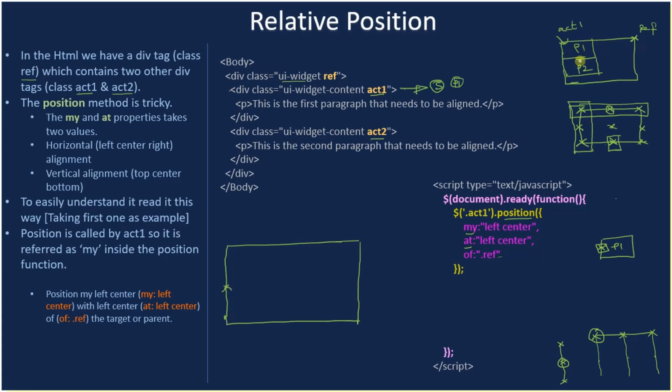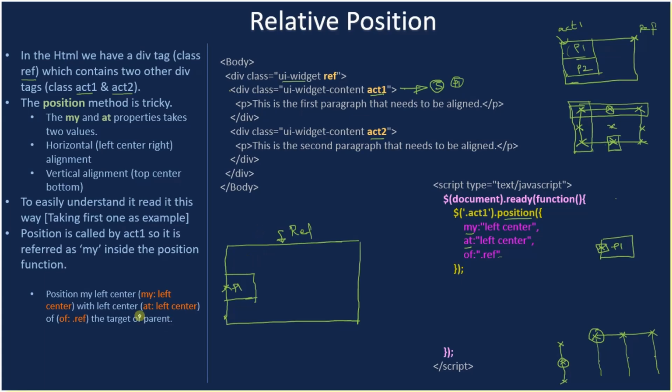And this is the default position. When you position it using the position utility, it will come like this. And you can see how P1 is aligned with the ref. You can see the difference. This is the default and P1 is aligned here.